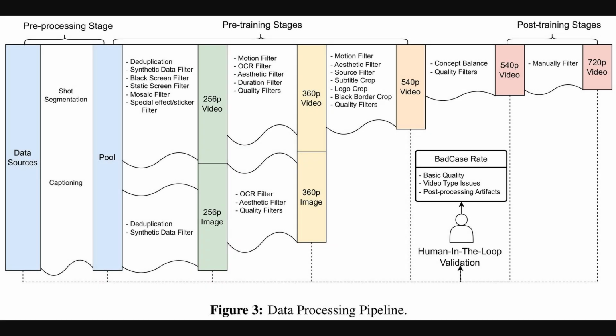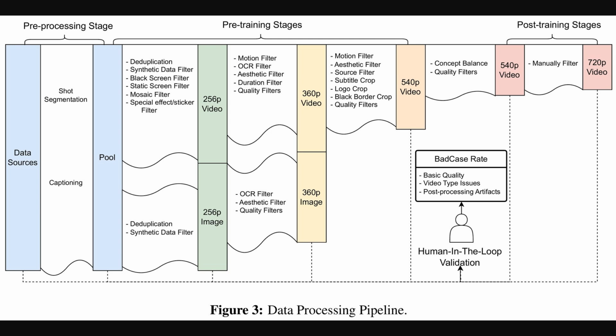Alright, building on that multi-stage pipeline we just saw in figure 2, figure 3 here gives us a more granular look at the data processing involved. It starts with data sources, which undergo shot segmentation. That's breaking down videos into individual shots or scenes, and captioning. After some initial filtering, like removing duplicates, this data forms a pool.